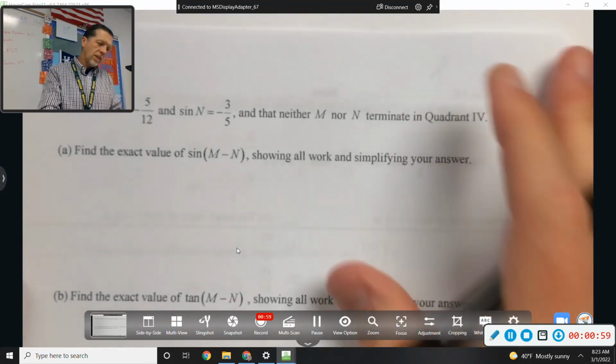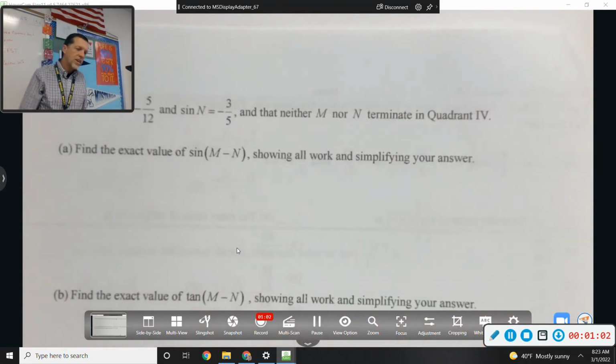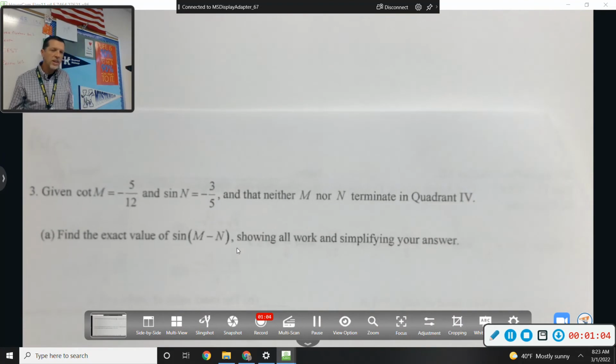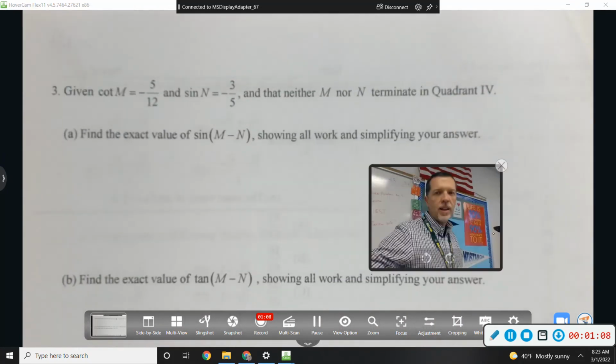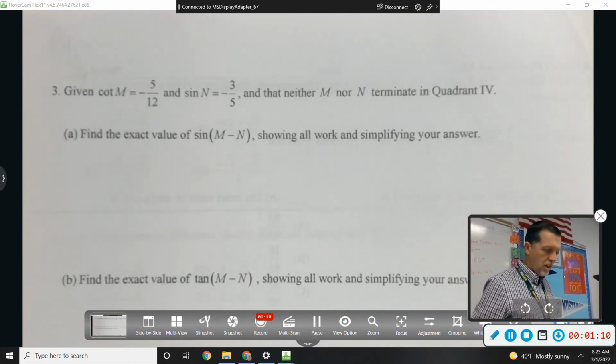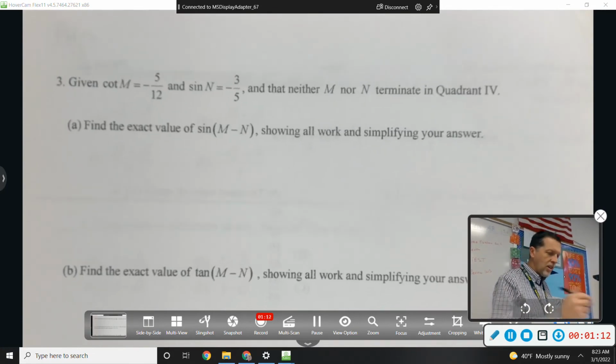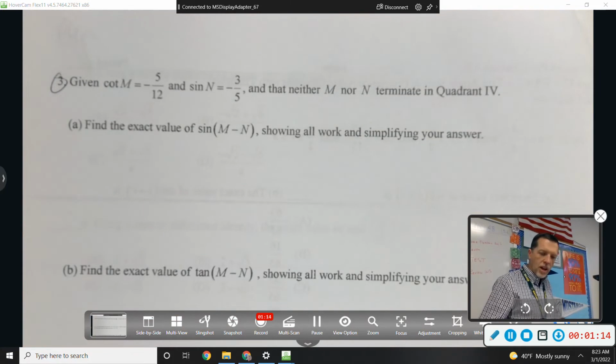Number 3 in general then. That's a good one because it's 2 pictures, they're both negative. It gives the angle in the most complicated way, with that not in quadrant 4 thing. 1 sine, 1 tangent. So yes, if we do number 3, we'll be pretty good.